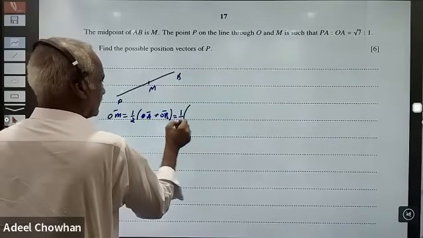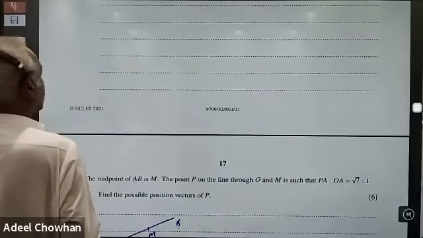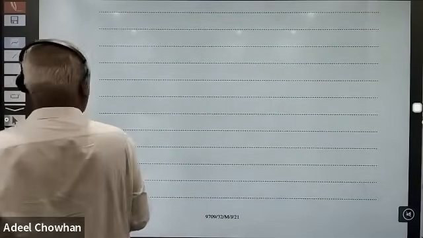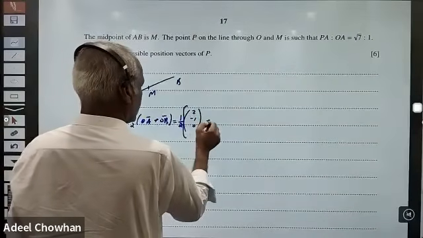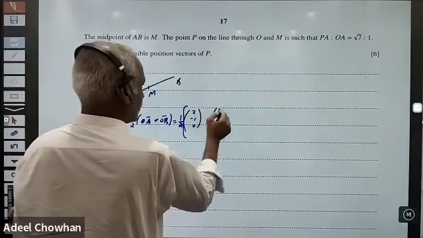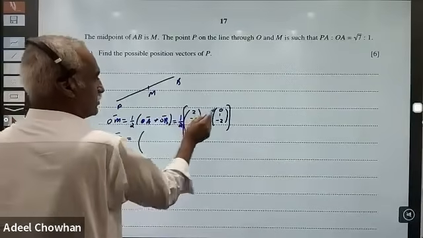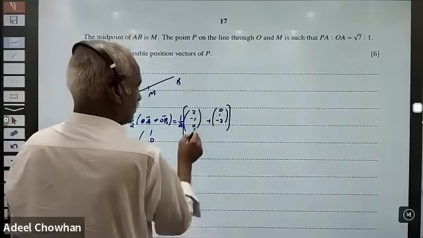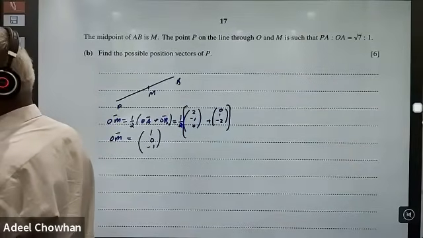So OM is basically equal to half of (2, -1, 0) plus (0, 1, 0), that is half of (2, 0, -2), which is (1, 0, -1). So OM is basically equal to (1, 0, -1).